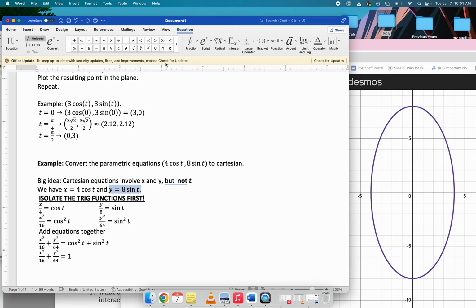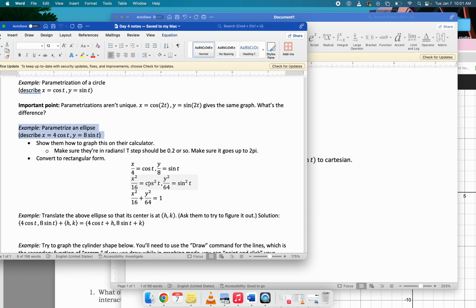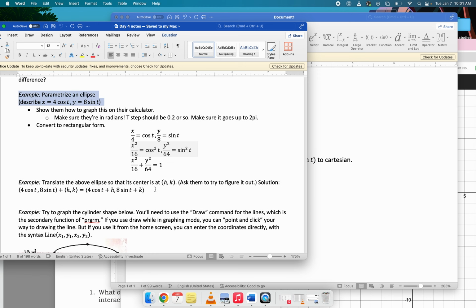Anyway, what else do I want to say? One nice thing about parametrics is that it's very easy to translate them.